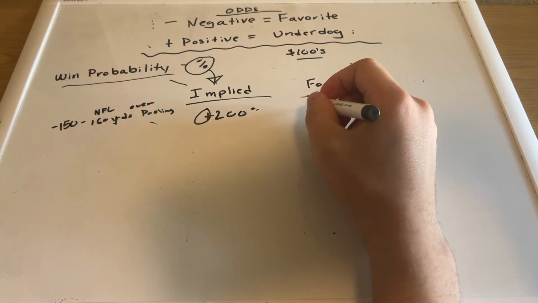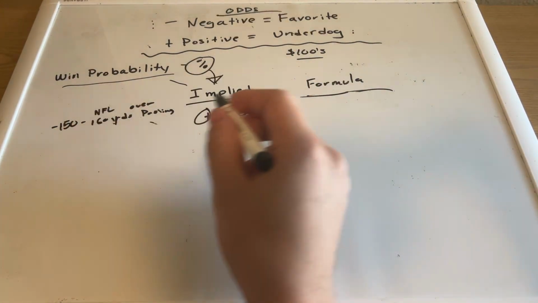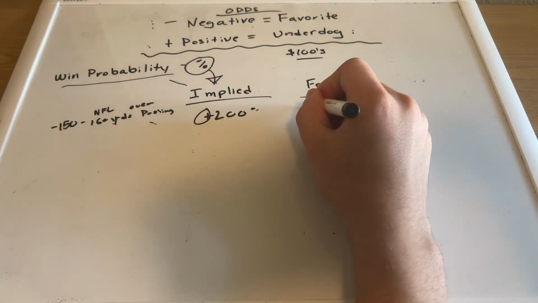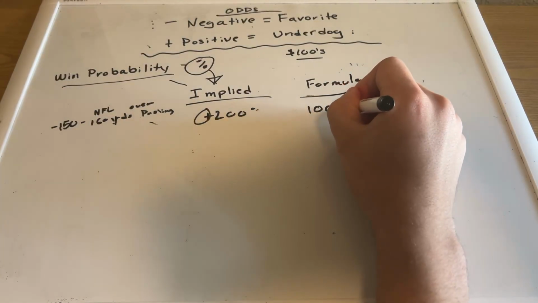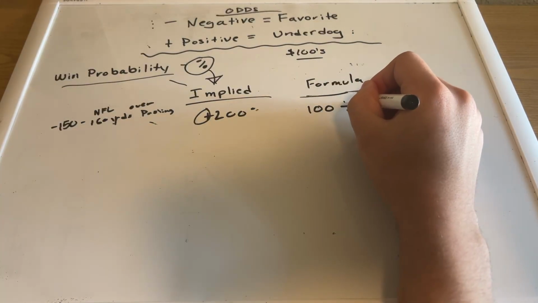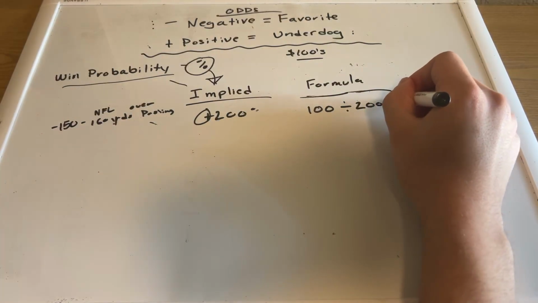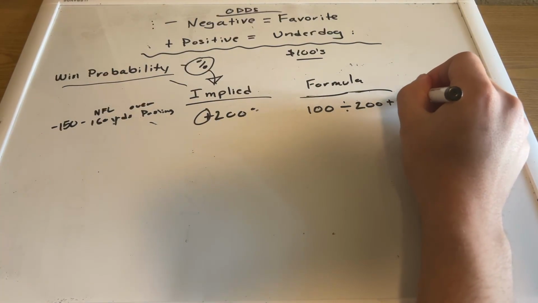So instead of doing 150 on the front, like if it was minus, you're going to be dividing off of 100. So it would be 100 divided by 200 plus 100.